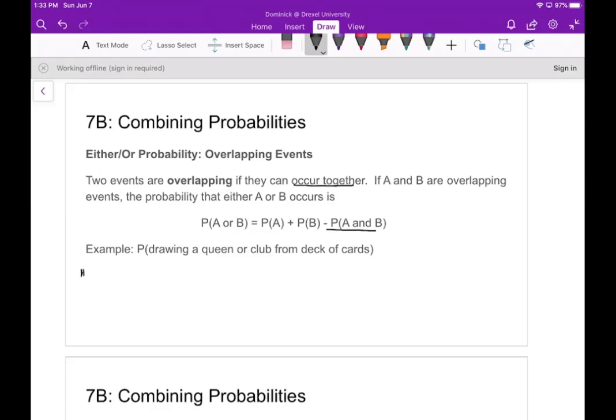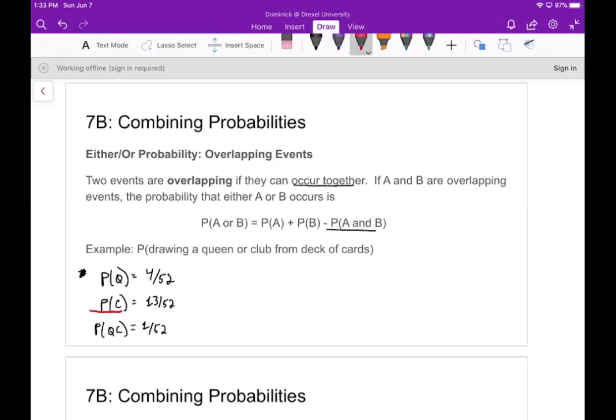So let's say the probability of getting a queen is 4 out of 52 because there's 4 queens in a deck. Now the probability of a club would be 13 out of 52, because the probability of getting any suit would be 13 out of 52. But you could also get the queen of clubs, and there's a 1 out of 52 chance of that, right?